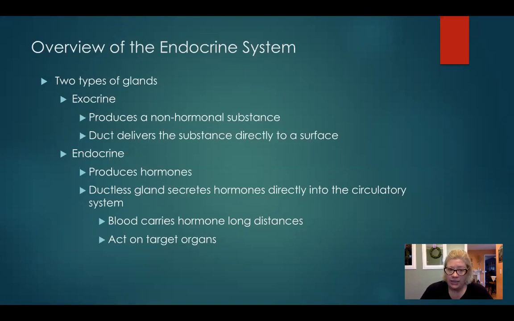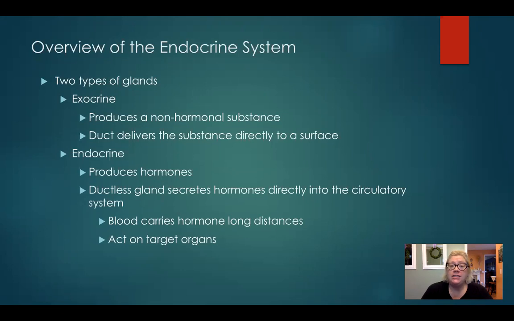Exocrine glands, which start with the EX, are glands distributed throughout the body that produce what we call non-hormonal substances. A non-hormonal substance is something like saliva, or sweat is another great example. These substances leave the exocrine gland and arrive at their final destination through a duct, D-U-C-T, that is connected to them.